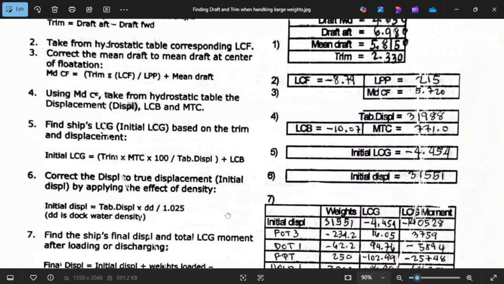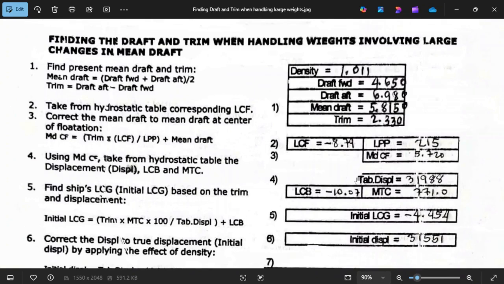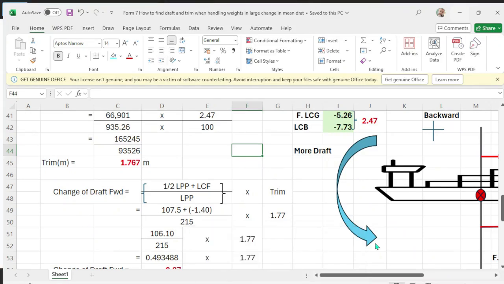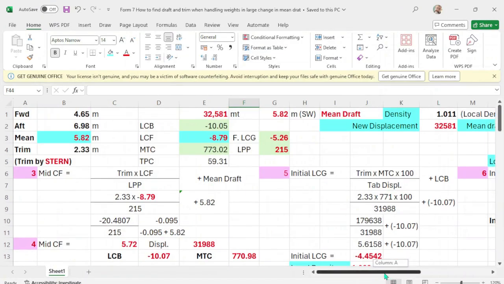There are instructions on what to do, and you fill up these boxes. If not, you can make an Excel like what I did. Okay, if you want, you can follow this one by one.